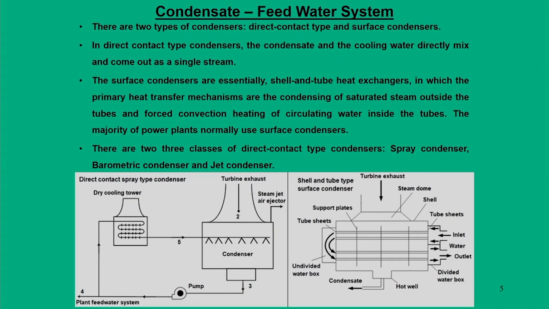Then let us see the types of condenser. There are two types: one is the direct contact type, the other is the surface condenser. In the direct contact type, both the cooling water and the condensate are allowed to mix, whereas in a surface condenser these two fluids are treated as two different entities.